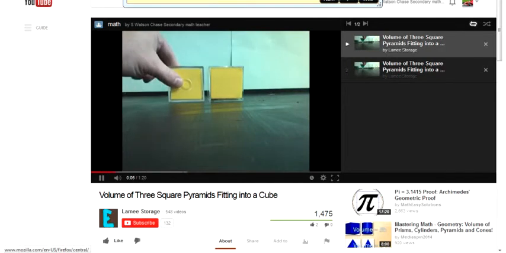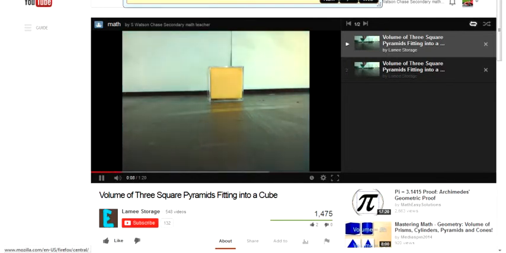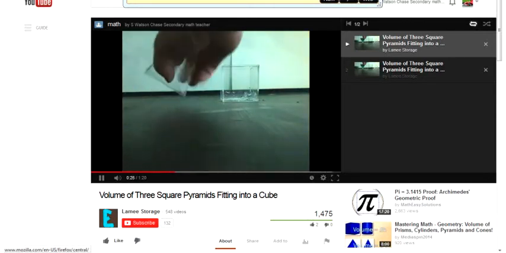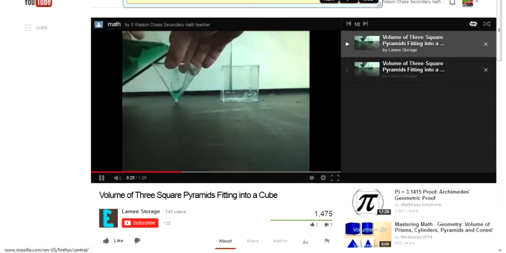We have a rectangular prism. What they're doing there is showing you that they have the same base size, okay? There's the pyramid. There's the rectangular prism. And we've got to find out how many of those fit in there.